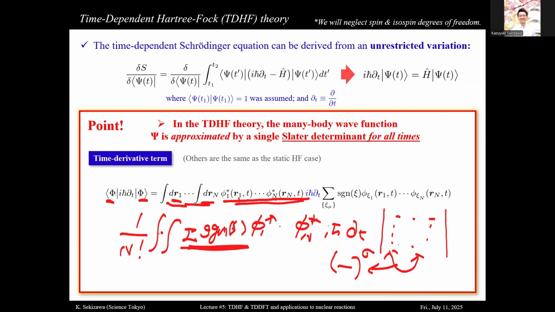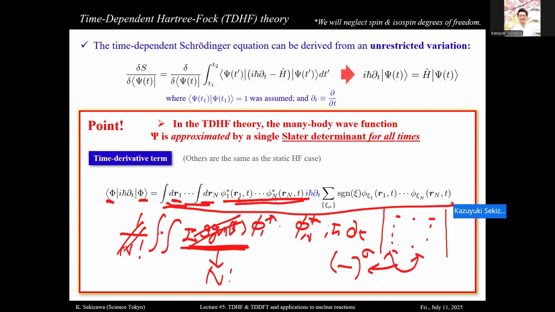So the n factorial terms coming from this summation all provide an equal contribution. So this summation and this 1 over n factorial cancel, and you get this first line.